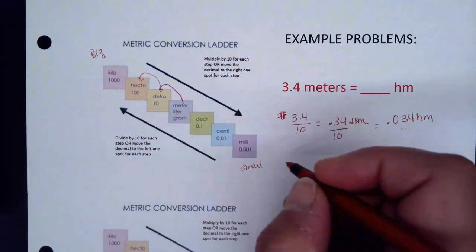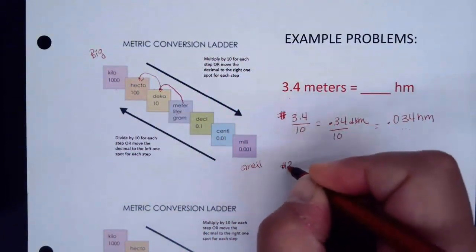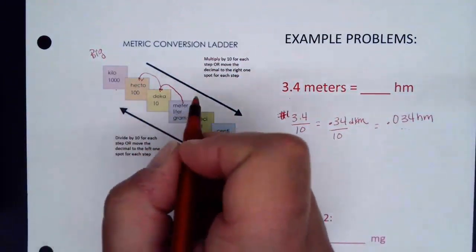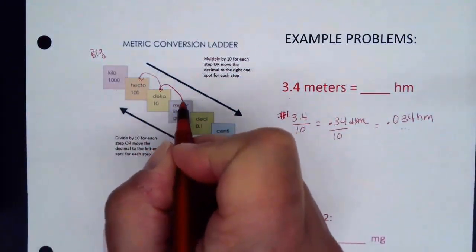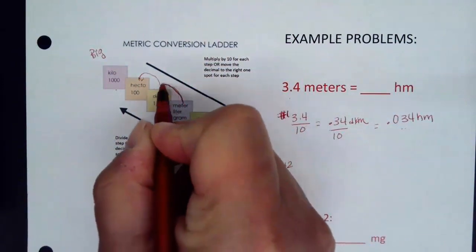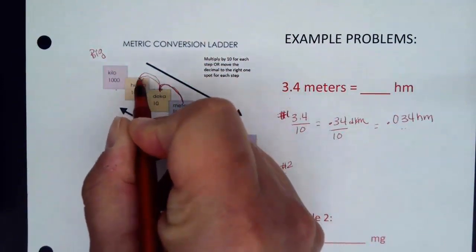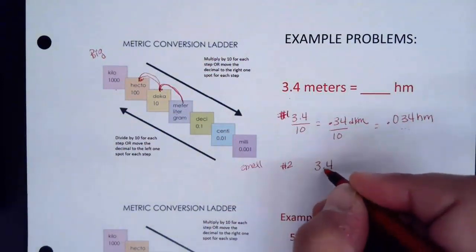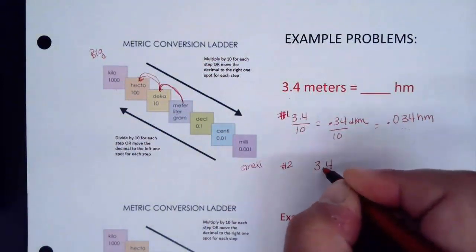So here's the other thing you can do. Method number 2, right? This was method number 1, using the tens. Method number 2 is you count the steps from where you start to where you go. So 1, 2, and you take your number, which was 3.4, and you're going to just move the decimal place over to the left that many spots.